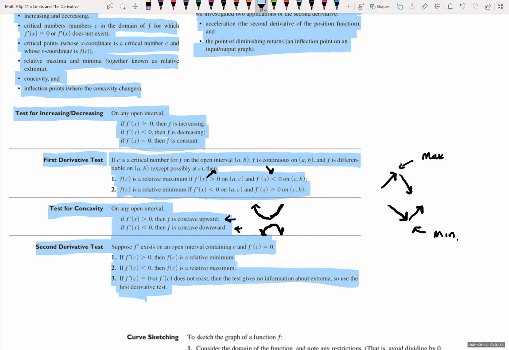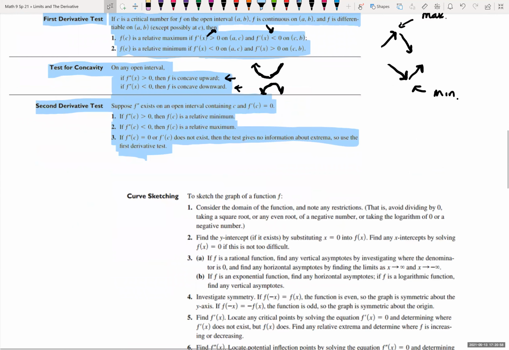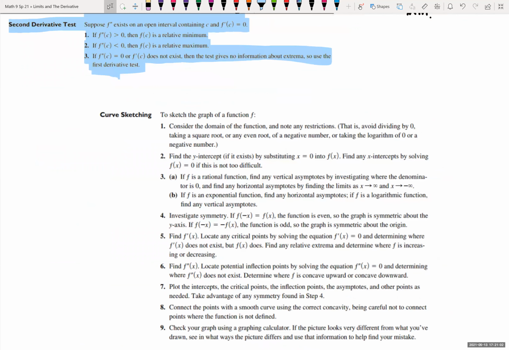So we put all this together and we graphed. There were ways that we could graph, and it didn't matter what order necessarily, but these help us graph a curve. A lot of times we should look at the domain of the function and know any restrictions.